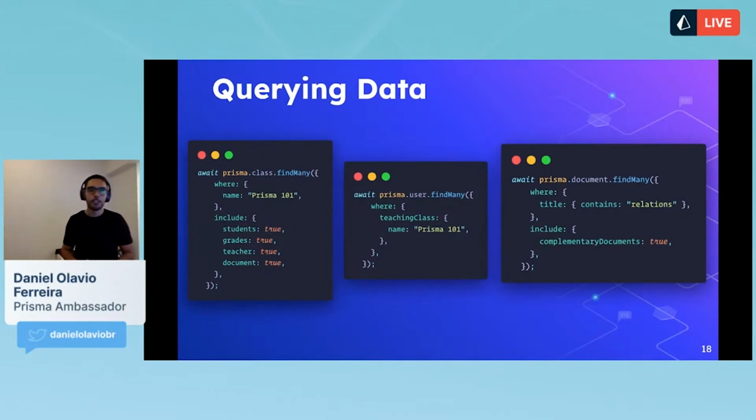So we're gonna use our instance of Prisma again, and we're gonna choose a table. So .class.findMany. And there we're gonna be able to pass a little bit more options. So we can say where. So we can say, okay, what we're looking for. So we're looking for the class that has the name Prisma 101. And we can say, oh, I want you to include these relations.